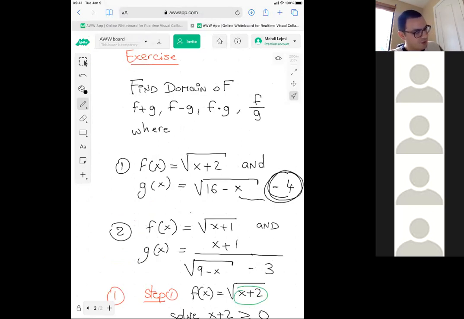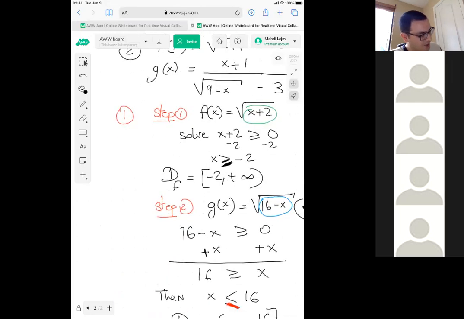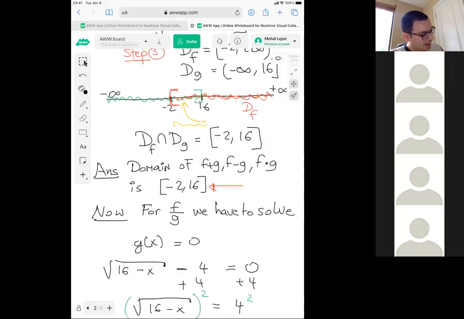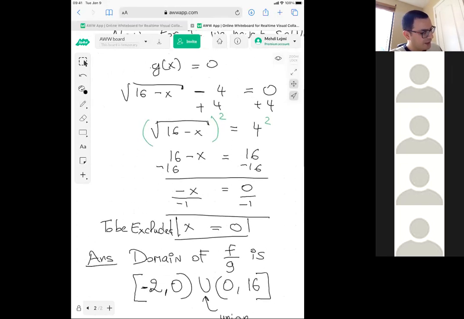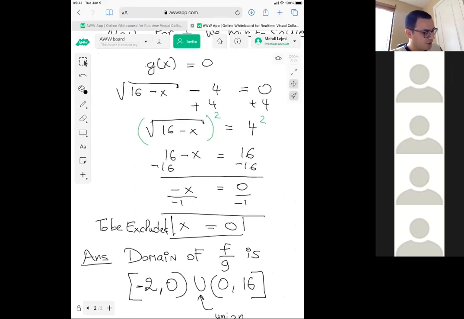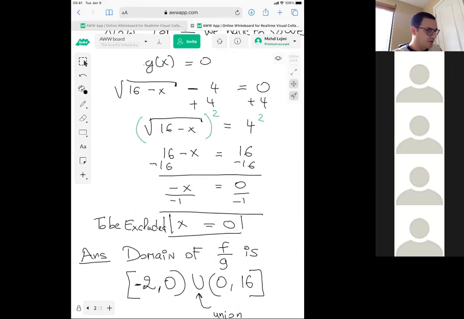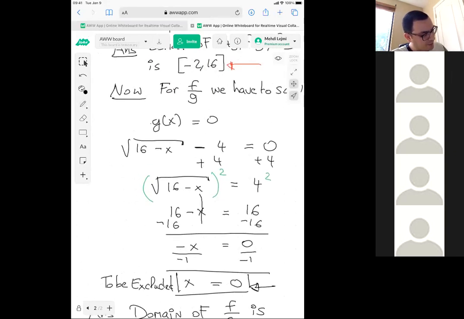Because when we solve g of x equal to 0, we got x equal to 0. I didn't get 16. Imagine if I didn't have this minus 4 here.